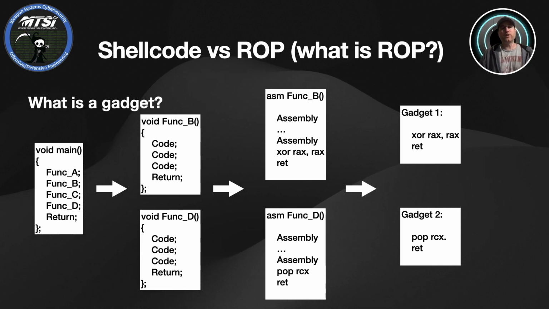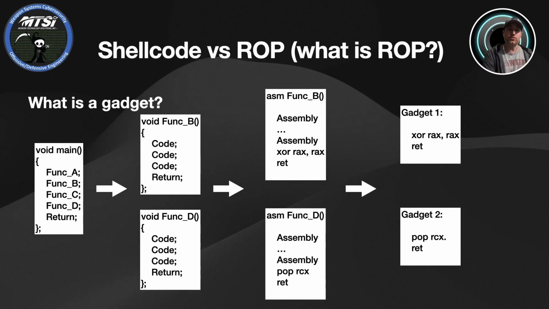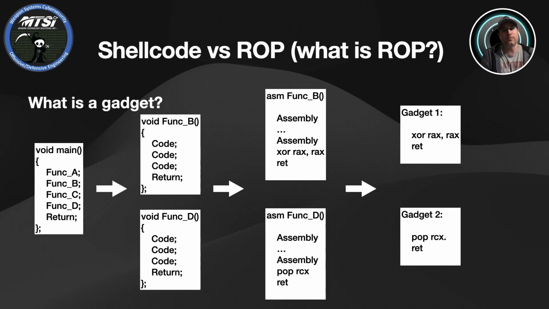For those who aren't familiar with assembly, when you XOR a register with itself, the result is 0. So you basically clear out the register. This is a shorthand or shortcut in assembly to zero out a register. So in function B at the end, I've got this XOR opcode to clear out the RAX register, and then it returns, hence the ret opcode there in x86 assembly.